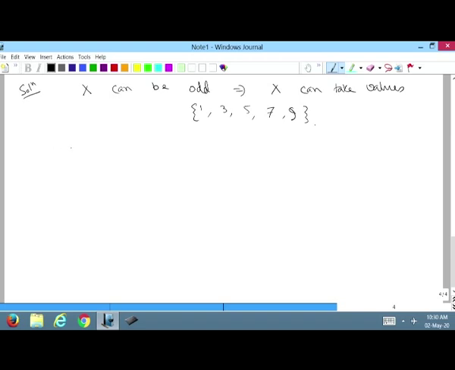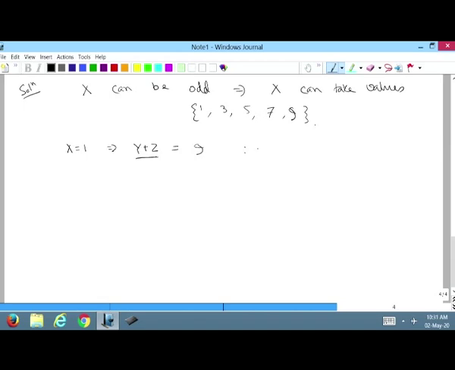Now, consider the cases. X is equal to 1 implies y plus z is equal to 9. In how many different ways y plus z can be 9 when both y and z are greater than or equal to 0?